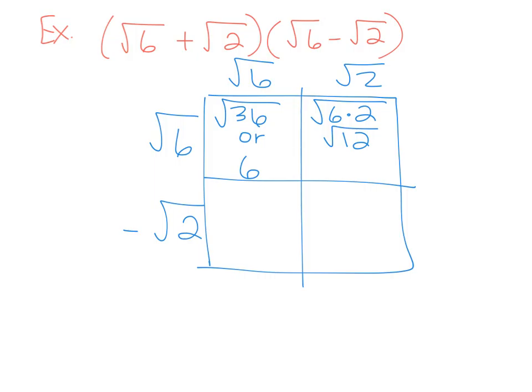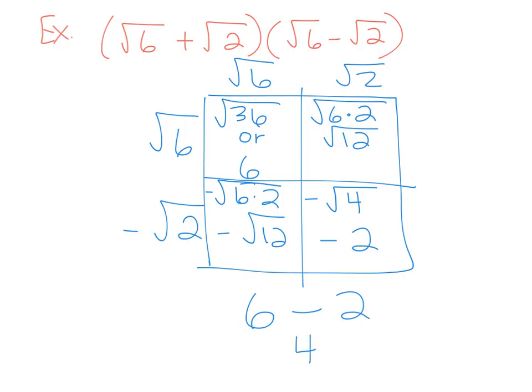Over here I've got the same thing with a minus, which is a minus square root of 12. You'll notice those are going to cancel. And then down here I've got square root of 2 times a minus square root of 2, so it's minus the square root of 4, or minus 2. So my problem really is 6 minus 2, and my final answer is a 4.